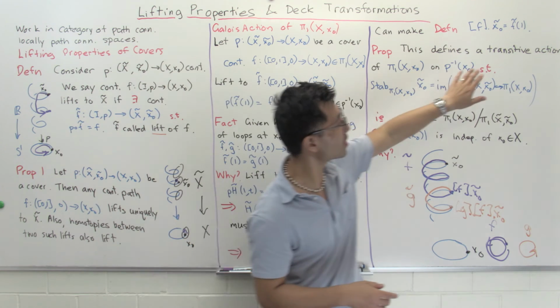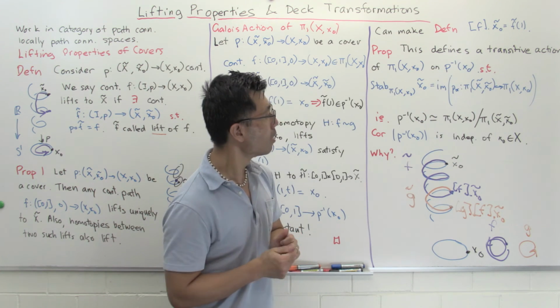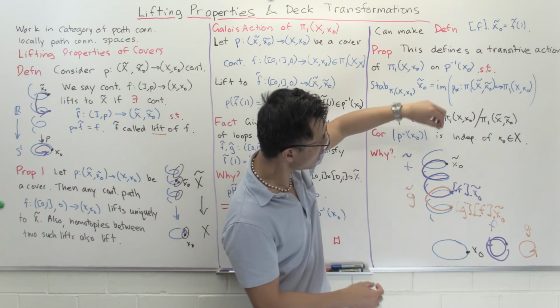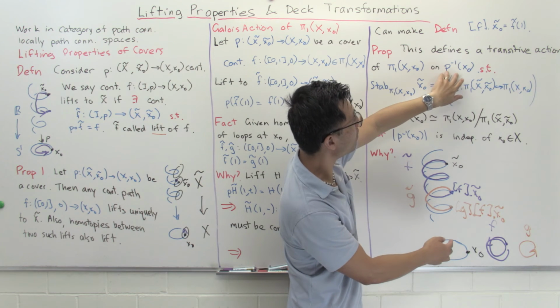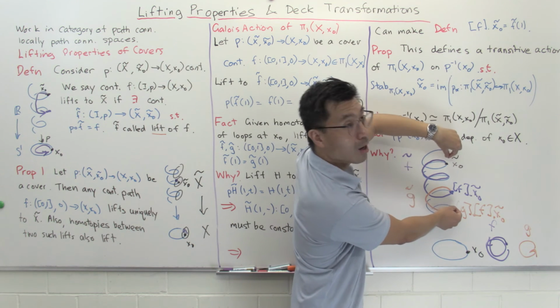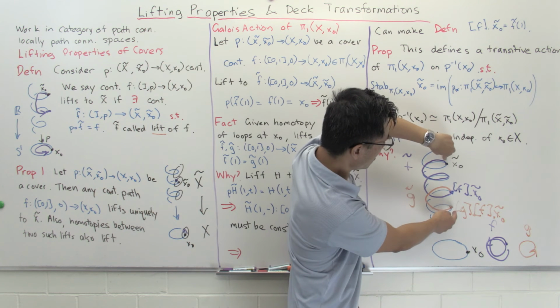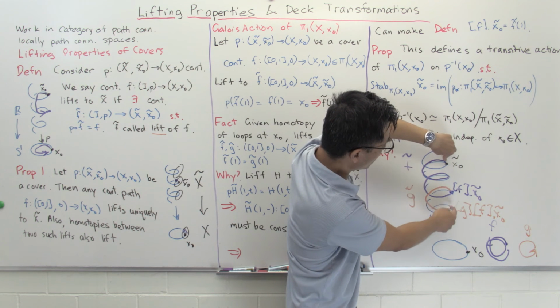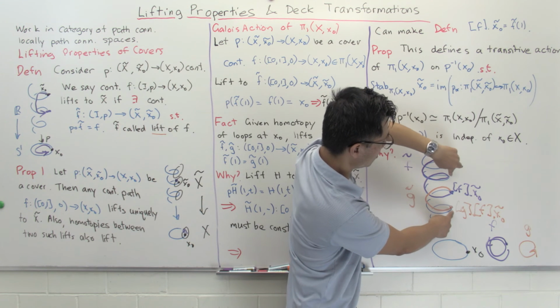Okay, so the transitivity, yes. Let's have a look at transitivity. Why do you expect that to be true? Well, suppose you have 2 points in this fibre here, P inverse of x. Remember, this x tilde is going to be connected. So we just find a path from one to the other, like path from here to here, okay, or here to here.